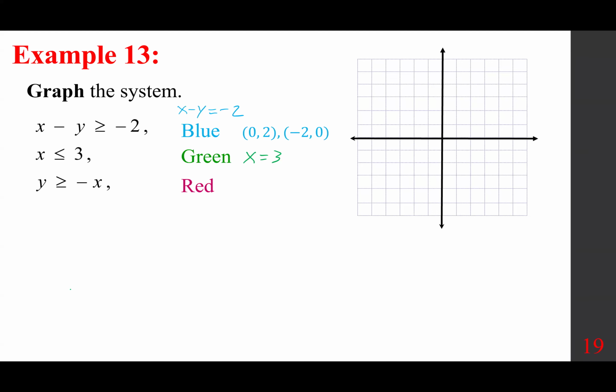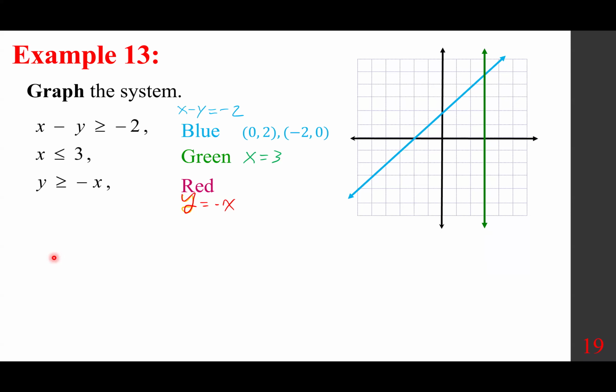For the red one, y equals -x. It goes through the origin. 0, 0, and pick a number: 5, -5, 10, -10, 1, -1. Okay, so that's the blue line.